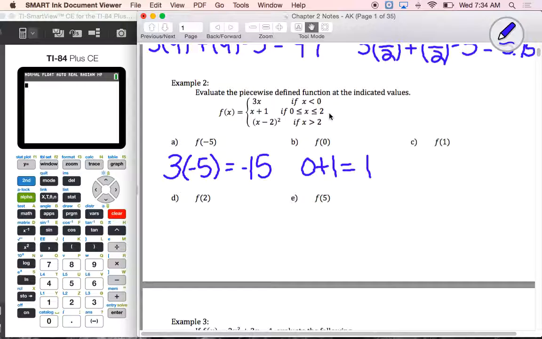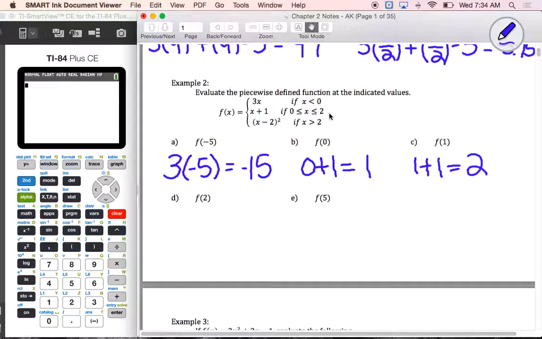Then for part C, I've got 1. So you've got to figure out which one of our 3 that 1 would fall into. Since 1 is between 0 and 2, 1 falls into the second equation. Then for D, we have 2. So again, same thing. You've got to see where 2 is. Since 2 has the equals for the second equation, 2 goes with the second equation, not the third equation.